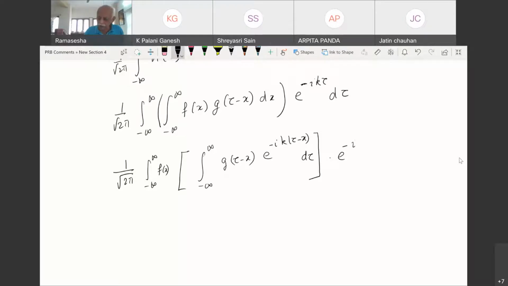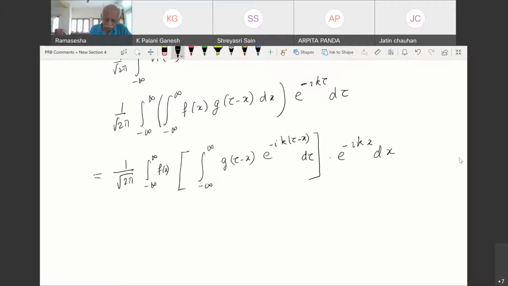Just let me get it right. So e to the minus i k tau minus x into e to the minus i k x. So I'll have e to the plus i k x and e to the minus i k x cancel. So this is correct, what I have written. So what is this?